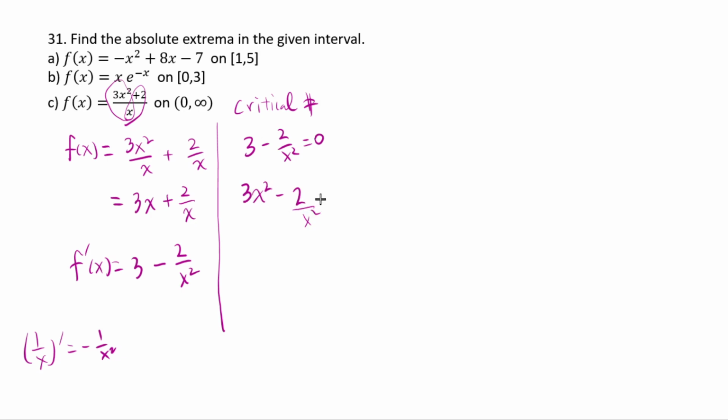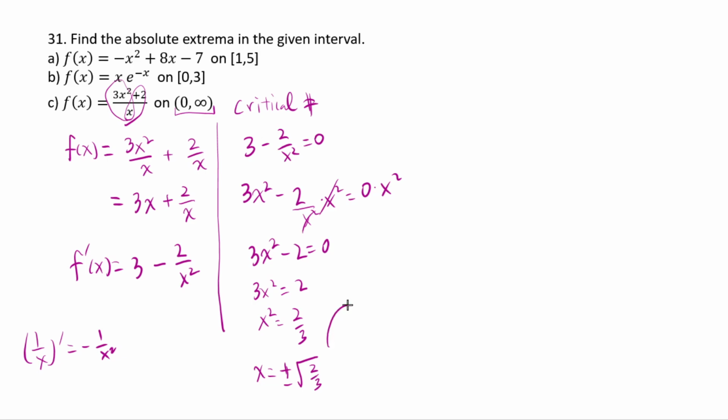If you multiply x squared to all the terms, you see these cancel, and 0 times anything is 0, so you just have 3x squared minus 2 equals 0. 3x squared is 2, and then x squared is 2 over 3, and x is equal to plus or minus square root of 2 over 3. But because we are on this interval, we see that the only critical number that belongs in this interval is when you have square root of 2 over 3. So that's the only critical number.